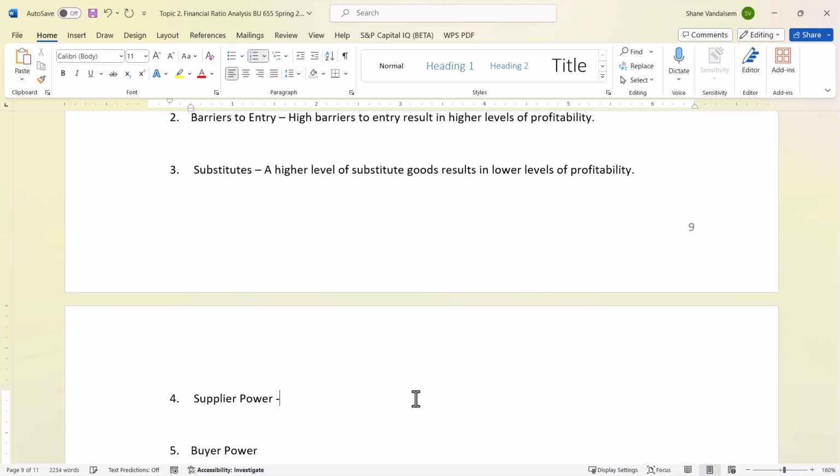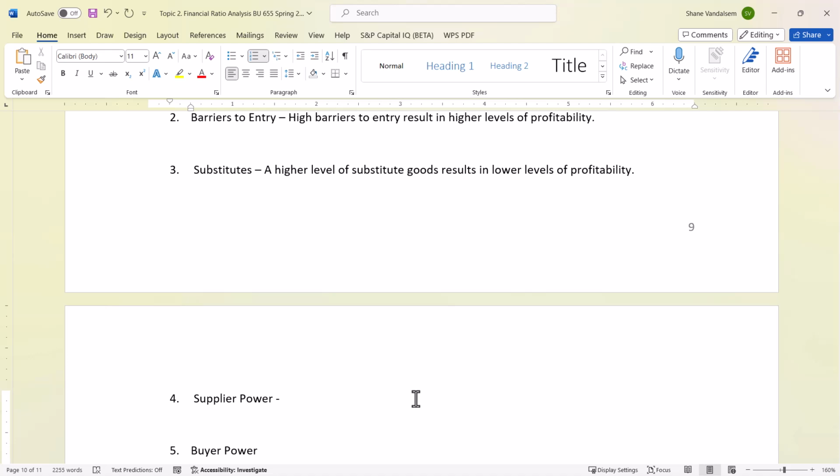Supplier power is the idea that a supplier of goods or materials to an industry can control that industry because that industry needs whatever product or raw material is being provided by the supplier.